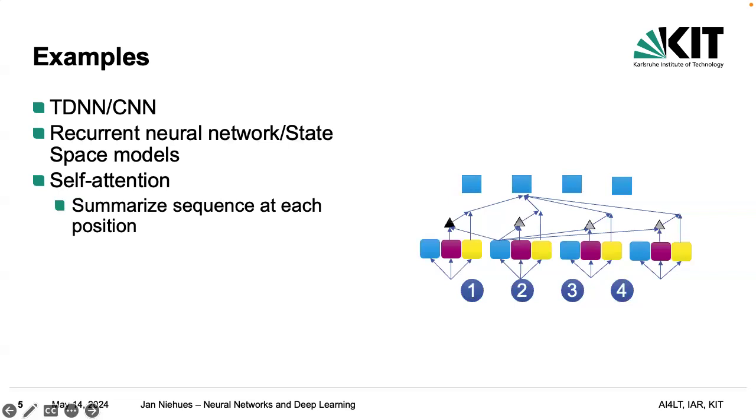Currently, self-attention is very successful, even in different modalities, so in vision and in text. But for example, RNNs were a bit more successful in text, while CNNs were often used in vision, and vice versa, they're at least not so commonly used. And therefore, it's also important to look at what the difference between them is.